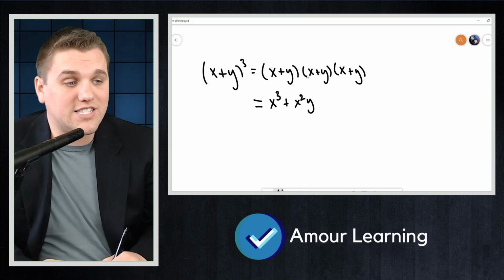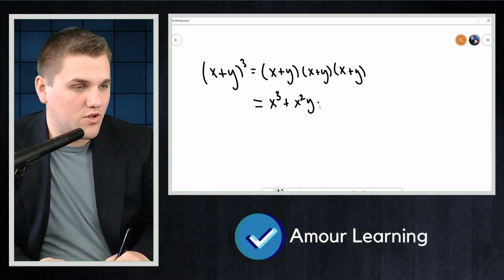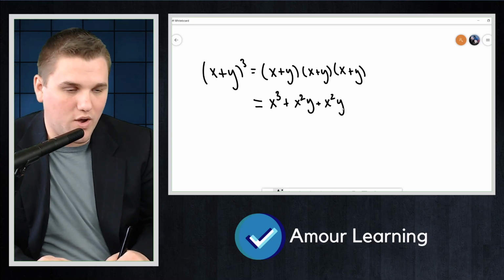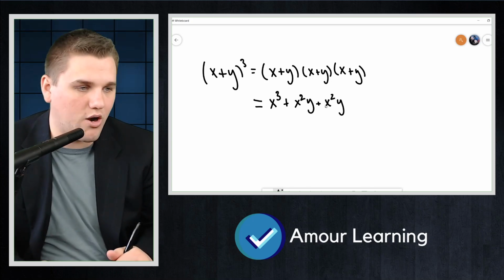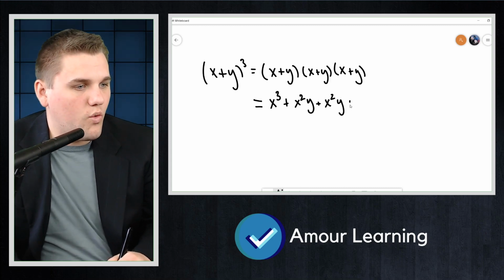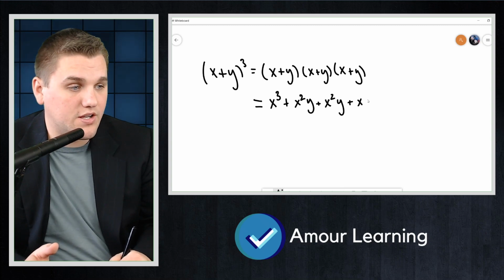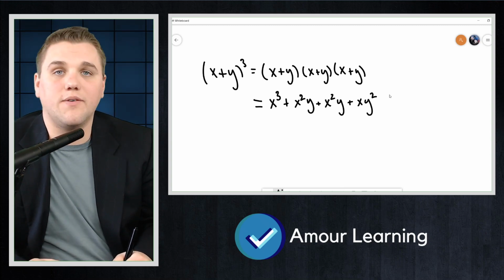We can do x times y times x, which is x squared y as well. We can do x times y times y, which is xy squared. We can do y times x times x, which is x squared y. We can do y times x times y, which is xy squared.